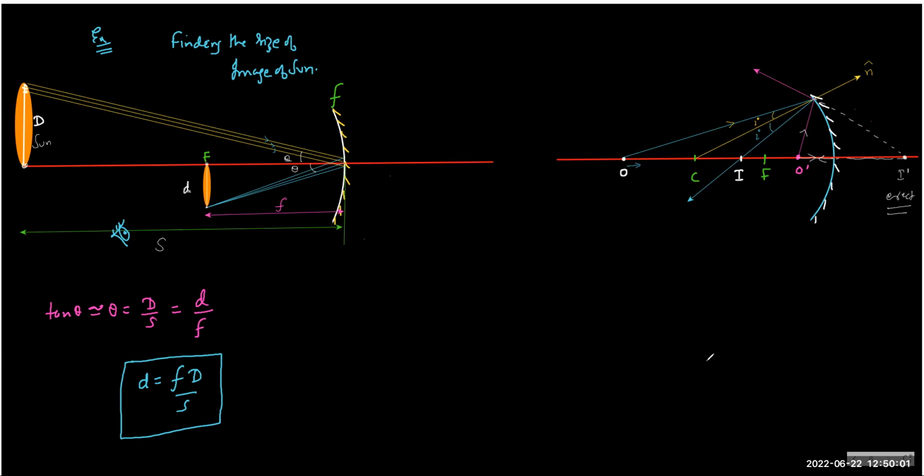So let's take the case when the object itself is virtual. So this is the point P.